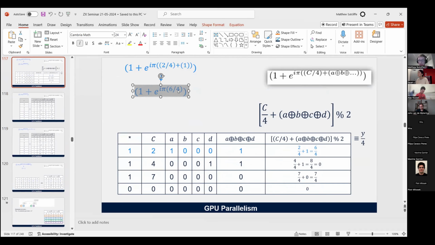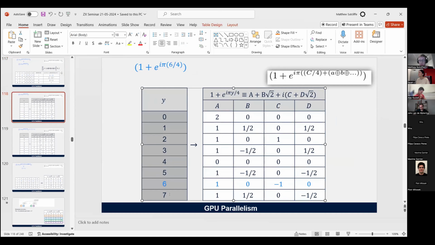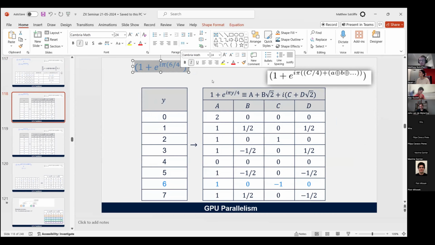So it'll be 1 plus e to the i pi something divided by 4. And we just need to pay attention to what that something is. There are only 8 possible states here, so it can only be 0 through 7, because we have a resolution of T gates, right? And instead of reducing this to what value it represents by dealing with exponential calculations, we can just use this lookup table to map these 8 possible states, if that makes sense.